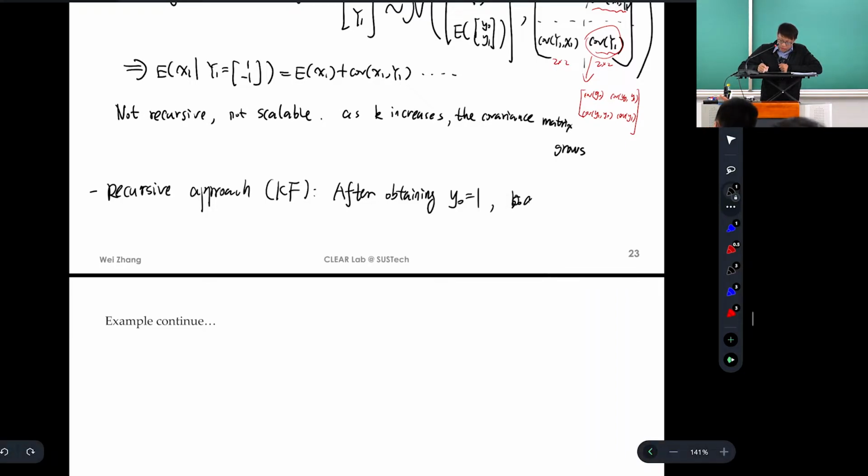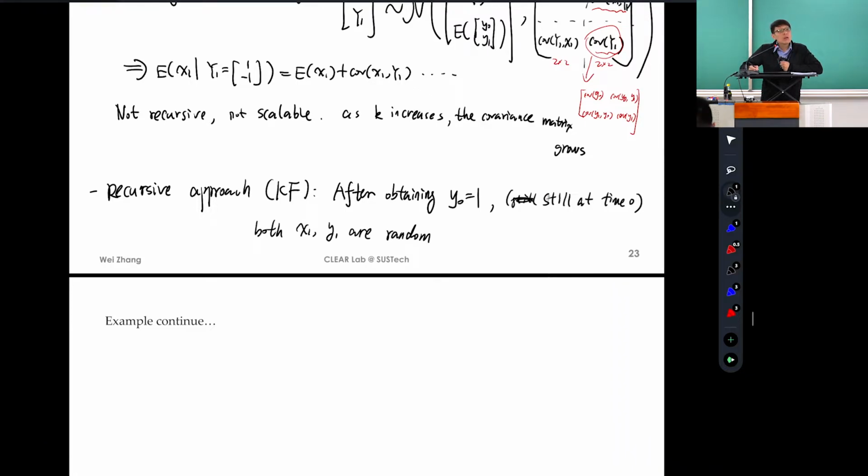After obtaining y0 equal to 1, we're still at time 0. Both x1 and y1 are random. I specified y0 already, and x0 is also random, but now I care about x1.